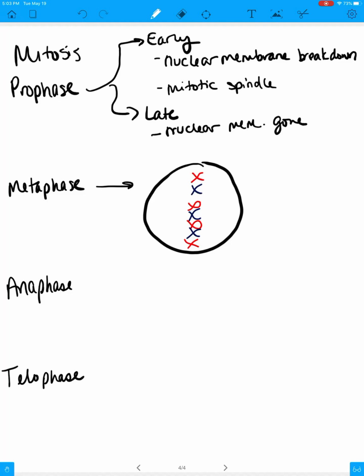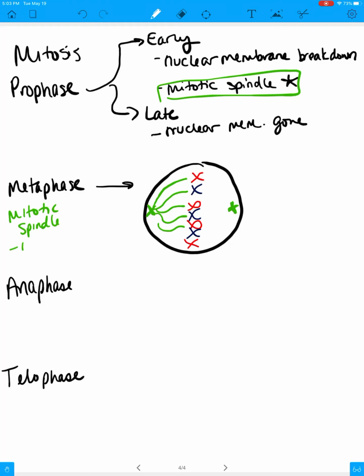All right, now I had mentioned something called a mitotic spindle. I'm going to change the color over here just to make it fancy. The mitotic spindle forms over here on the cell, and it has these microtubules that sprout out.